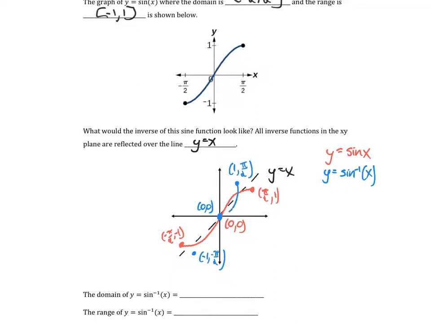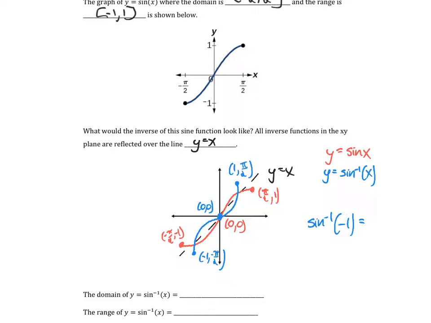So what would the graph of this look like? Now, I didn't do the perfect job, but they should look like they're reflections over the line y equals x. I did the best job I could on that. But now, if I give you an input, like we saw before, like inverse sine of negative 1, what would the graph of inverse sine of x tell you the output must be?